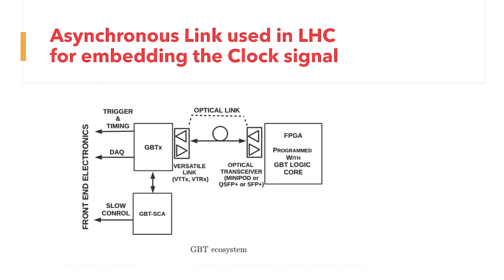And then it is recovered on the receiving side using an FPGA, which has the GBT logic programmed in it. And it can uncover the packet that is formed on this side. So just remember, in the Large Hadron Collider, the asynchronous link that is used is termed as GBT. I'm not going into the details. If you are interested, you can question me after the slide is completed.